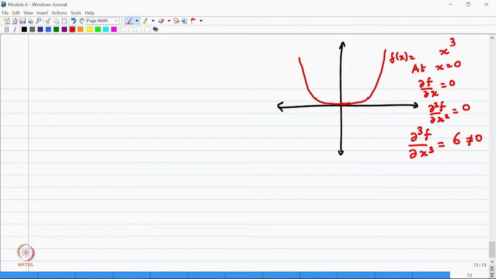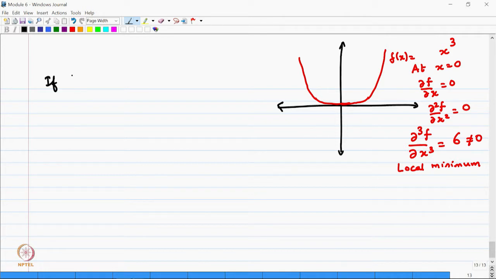Dou f by dou x is 3x square, which is 0 at x equal to 0, dou square f by dou x square is 6x, which is equal to 0 at x equal to 0, but the third derivative is not 0. So, the point is you have to look at the first non-zero derivative.